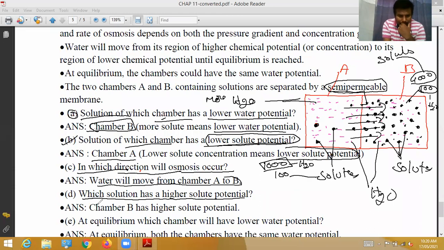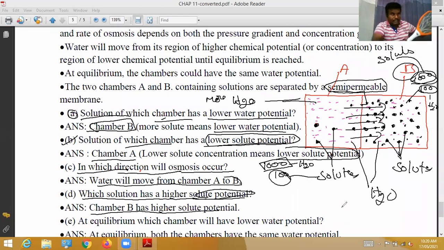Now, which solution has higher solute potential? Here 1000 is there, here 100 is there. So ultimately chamber B has higher solute potential. That is option C. Come to the next, D.